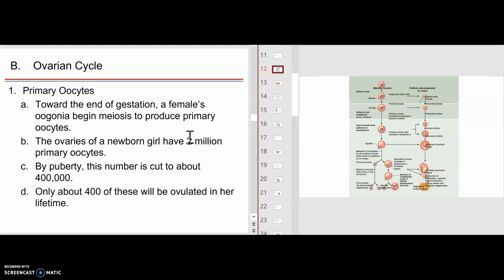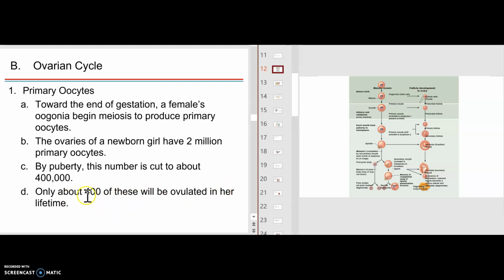So several have died. By puberty, menarche, when she starts having menstrual periods, it is down to about 400,000. But only about 400 of these will be ovulated in her lifetime.